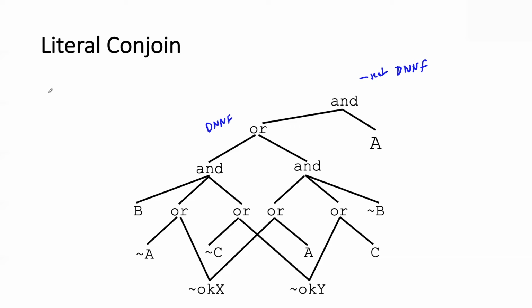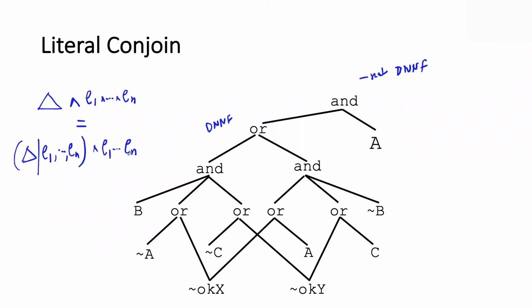If I have any knowledge base or any Boolean formula delta, and I'm interested in conjoining it with a bunch of literals L1 through Ln, then this is always equal to taking delta, conditioning it on L1 through Ln, and then conjoining with L1 through Ln.